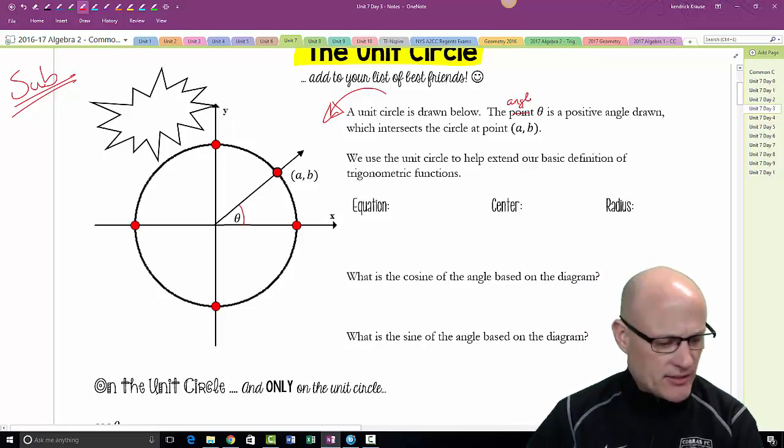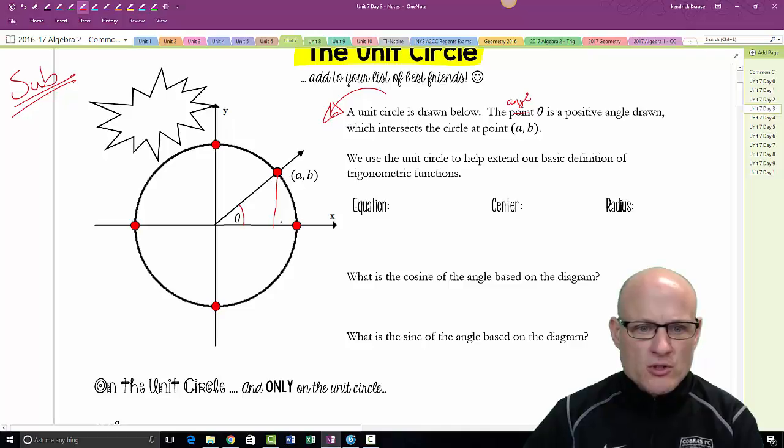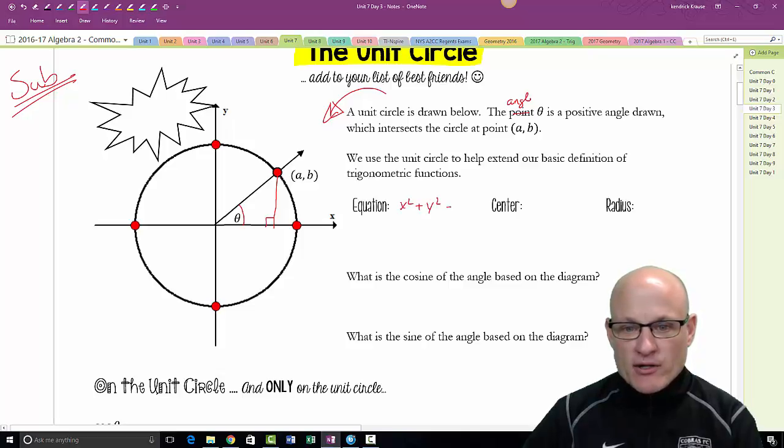Well, let's think about things. We've been using the Pythagorean theorem, x squared plus y squared equals 1, all the time. Let's make sure we understand this. This is the unit circle. There's a few things that are very important.